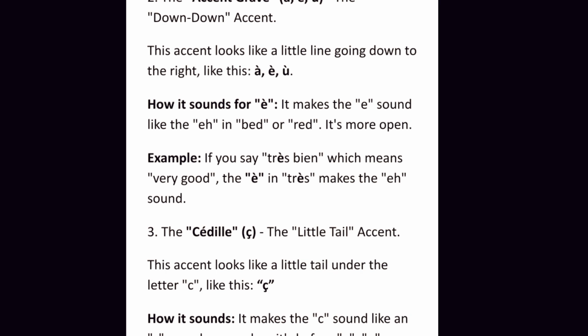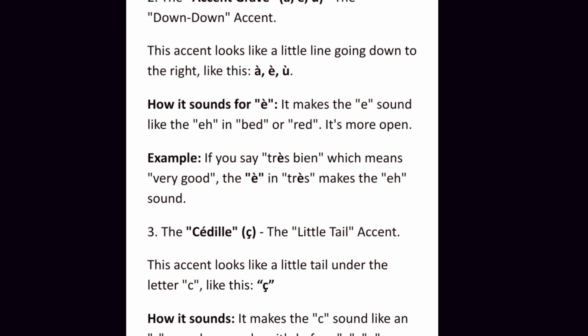That accent also sounds like E when it's on the E. For instance, if I give you English words like bed or red, you could see the sound in it is E. Exactly. That is the sound that we are talking about in French.